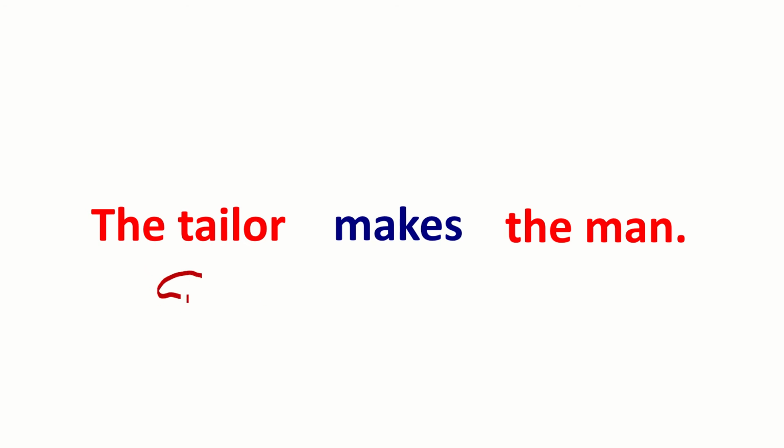Next, this is a tailor, and this is the man. These are concrete nouns. The tailor makes the man. If I talk about the structure of this sentence, the tailor is the noun, it is the subject, makes is the verb, and the object is the man. Who is made by the tailor?